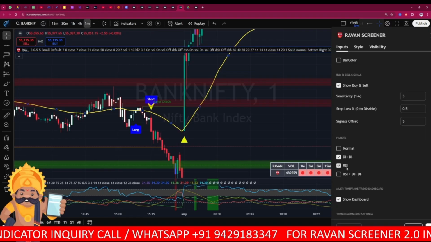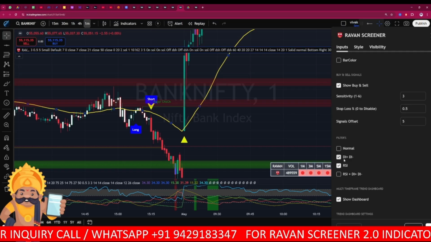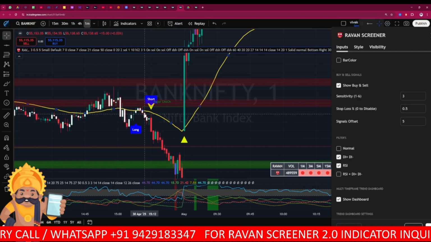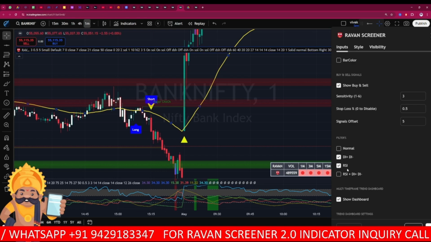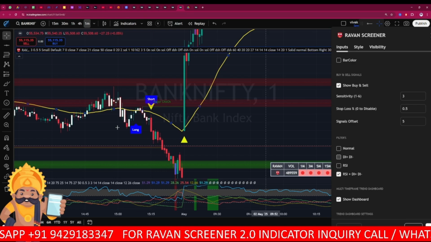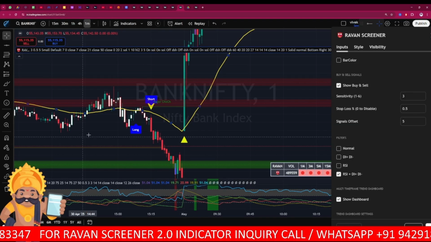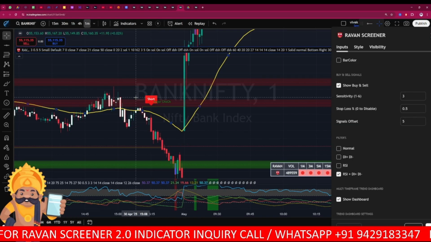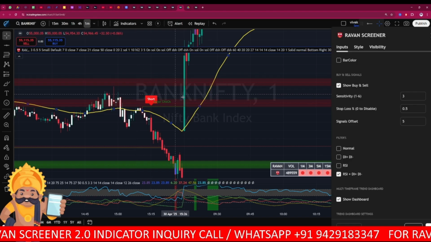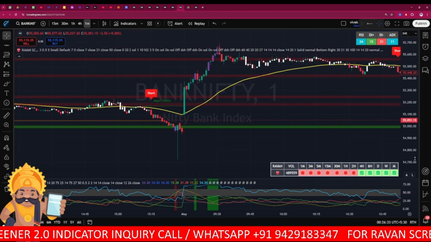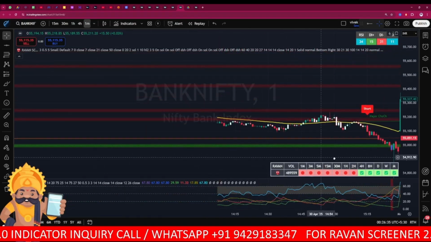And if you want both confirmations together before entering a specific trade, you can just check mark the last option. It will automatically remove the single confirmations, and whenever the DI plus DI minus and RSI conditions match, only those signals will be visible. You can see the sell signal.